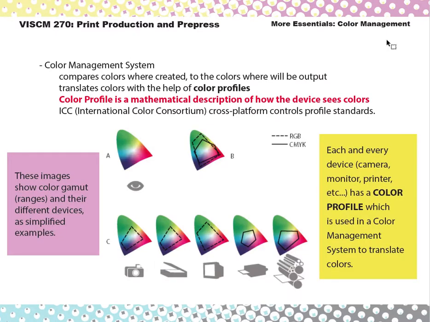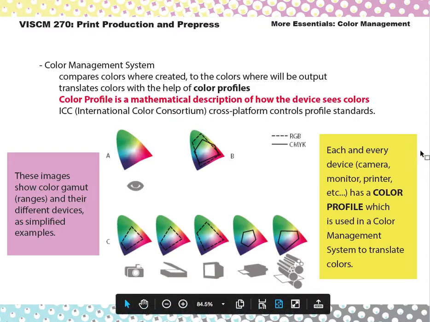So what is a color profile? Here is some images that show the color gamuts again. Image A is the eye, and then we've got RGB, CMYK. They're different than the other images I was showing you. They're just rough estimates. But a profile is anything that sees color.